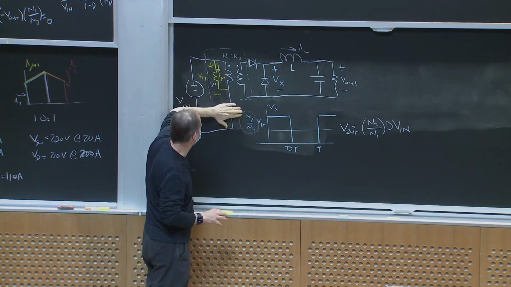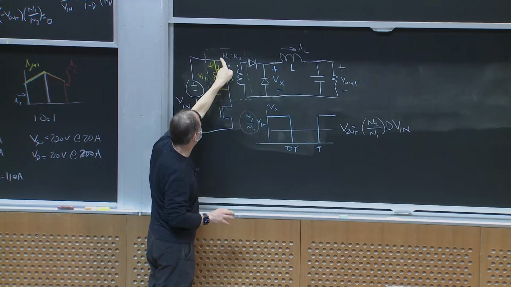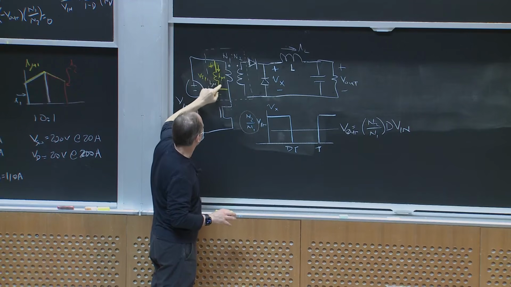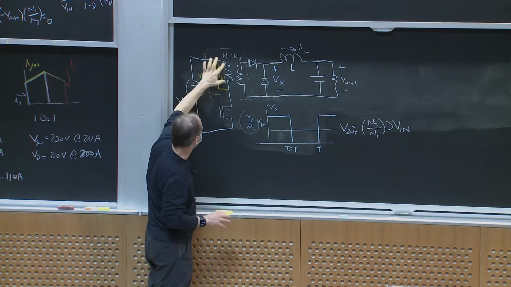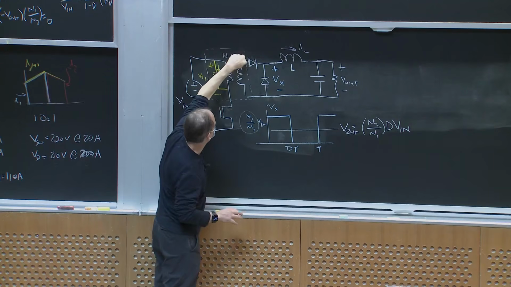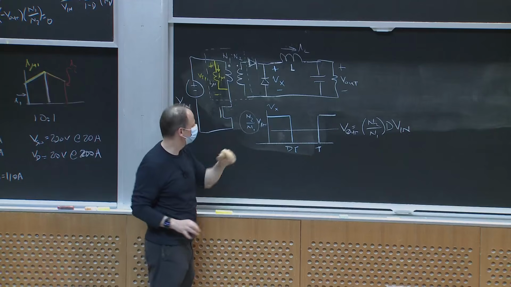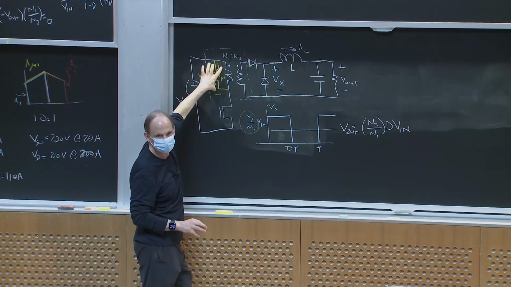When I turn this switch off, in the flyback converter, it's circulated out of this dot and into this dot, but here it can't do that, right? Because if the current flows here, there's no way for it to flow into here because this diode's here, right? So suddenly, I better provide some place for this magnetizing current to flow.